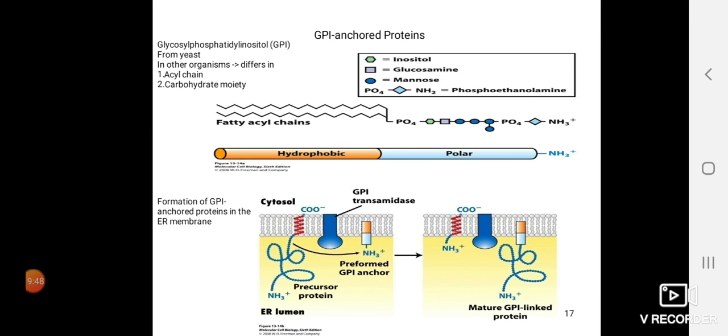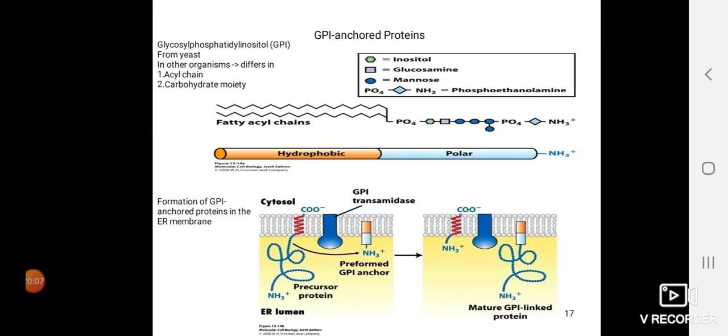Because this GPI is going to have an amine terminal, which is attached to the phosphate. That's why it is glycosyl phosphatidyl inositol.